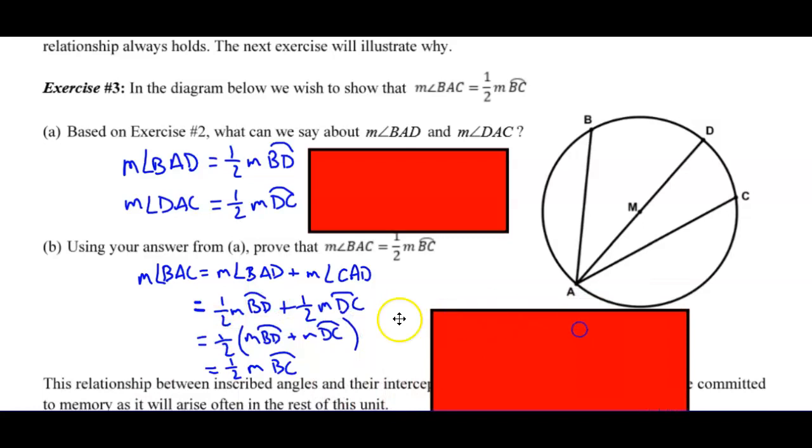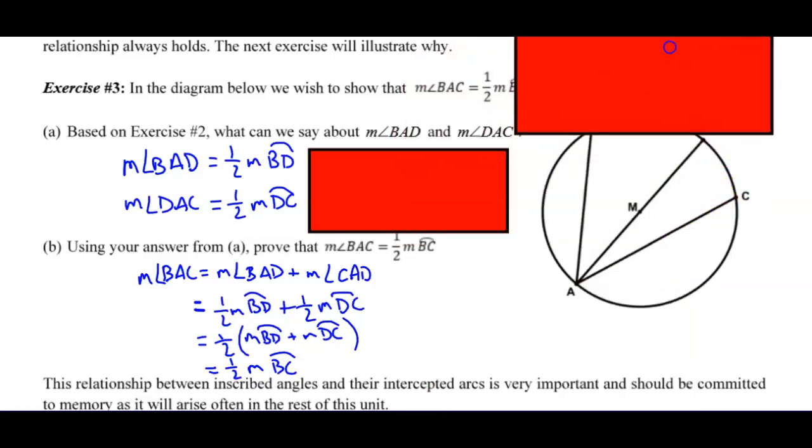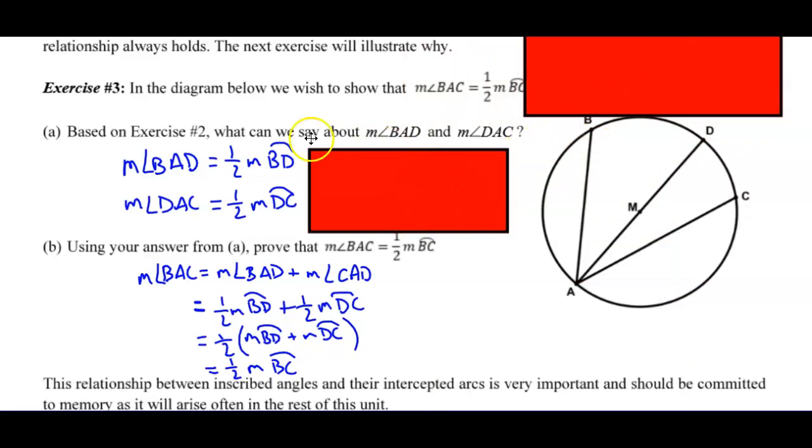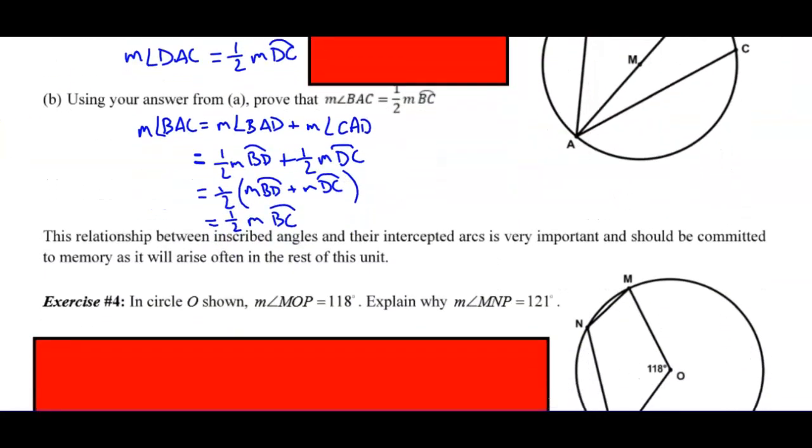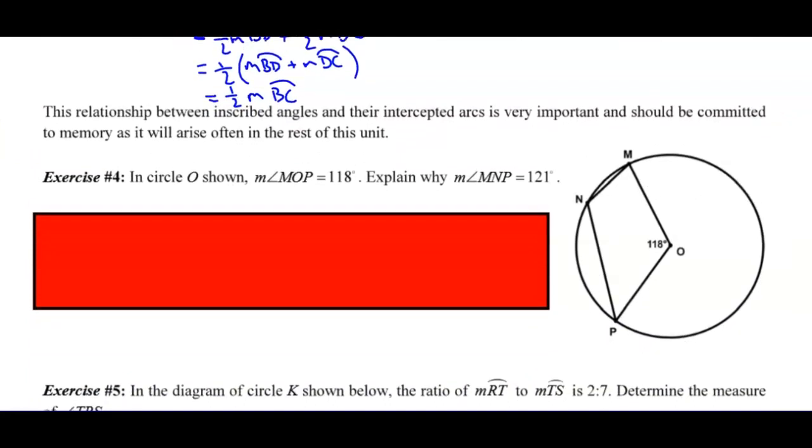And since that sum of arc BD and arc DC is the whole arc BC, then the entire angle is equal to half of the entire arc. All right? So that basically tells us that the inscribed angle theorem holds true no matter how we build that inscribed angle.